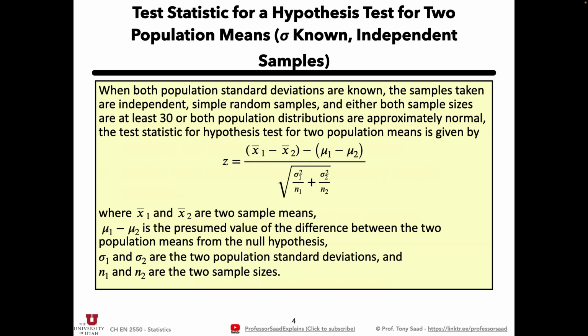All we need to make an assumption about is their difference. And most of the time, the null hypothesis is going to be before treatment, after treatment, there's no difference. So mu1 minus mu2 is 0. Most of the time, our null hypothesis is going to be a statement that mu1 minus mu2 is 0. In some other cases, it's going to be mu1 minus mu2 equals some value. But that's going to be our null hypothesis.